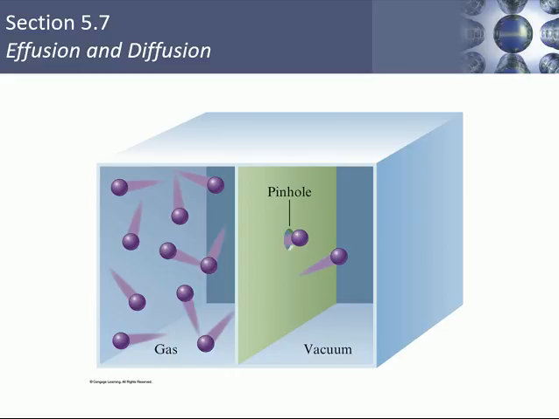That's diffusion. Now, effusion. We have gas in this left-hand chamber, and we poke a hole in this dividing wall right here so that gas particles can move through. These gas particles are not simply going to be sucked in through this hole, like they're being sucked out of a breach in a spaceship.